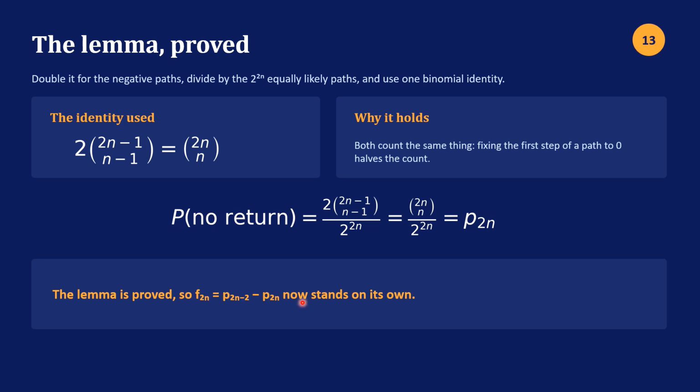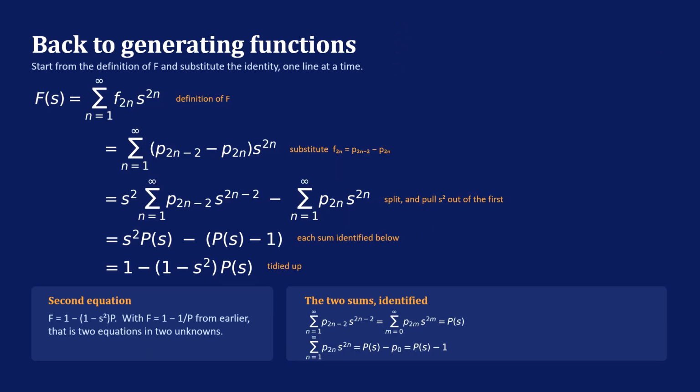These two things are equal. So now we have this shown, and we can complete the intent of this lesson to actually find or derive the generating function for these probabilities. So finally, we return to the generating function for f of s. This is by definition.